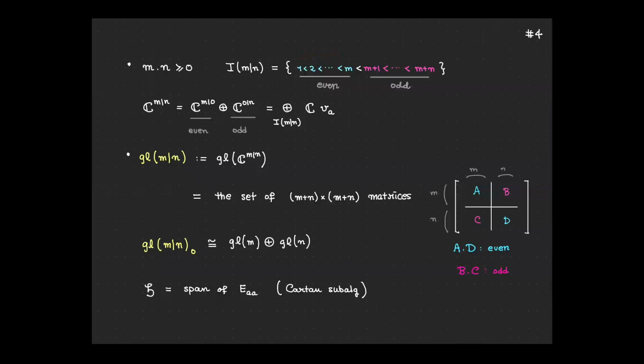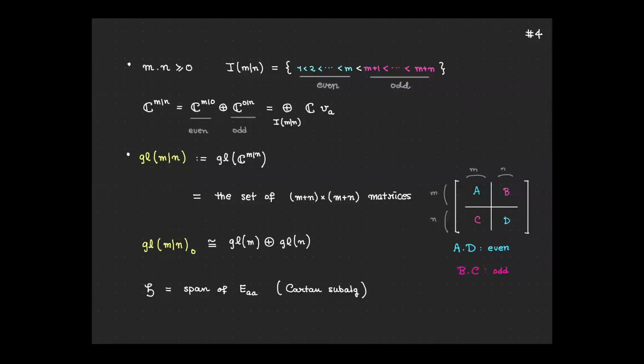Then we consider the superspace C^(m|n), where the even part C^(m|0) is spanned by the basis elements parameterized by the first m elements in our index set I(m|n), and the other space is spanned by the basis from the odd indices. Then with respect to this standard basis, we can think of the matrix form of gl(m|n).